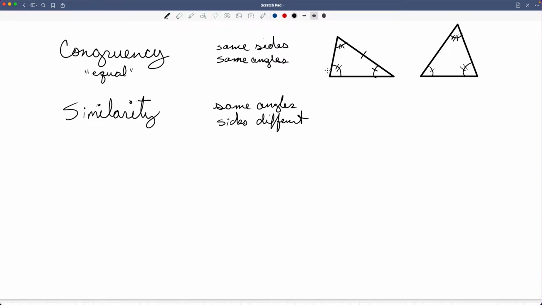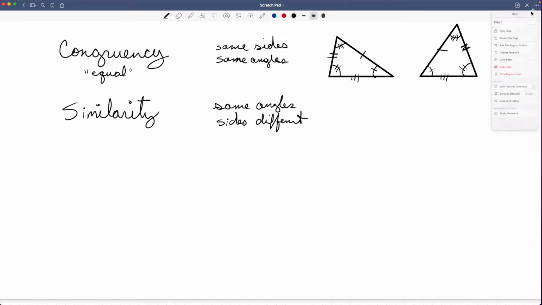If I did this, this, and this, this, and this, then that would mean I have congruency, because I would be saying that this side and this side are the same, this side and this side the same, this side and this side the same, and then the same three angles internally. As a result of that, I would have congruency. Okay, that's the difference between similarity and congruency.